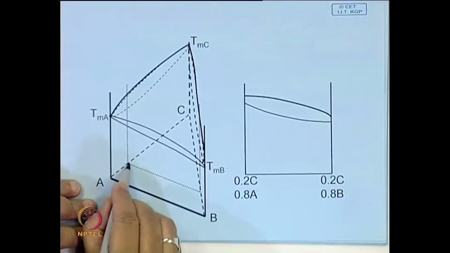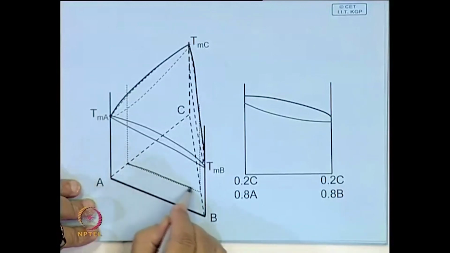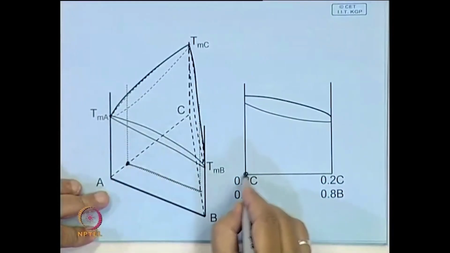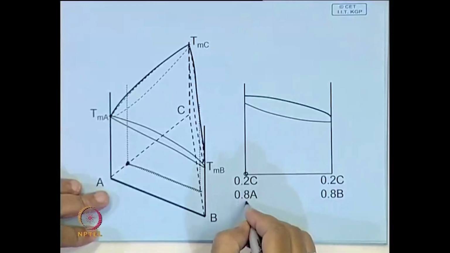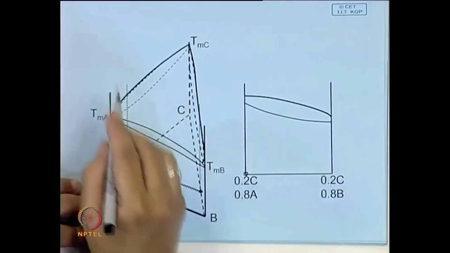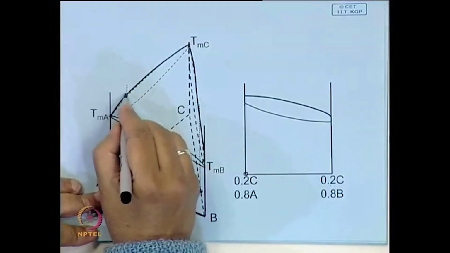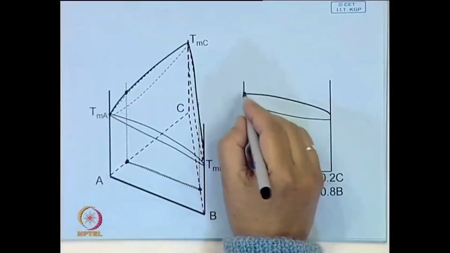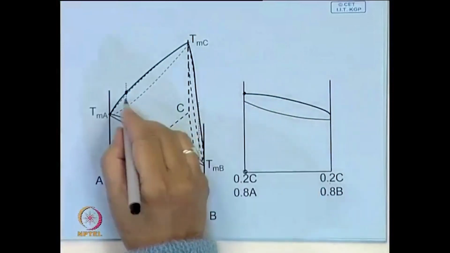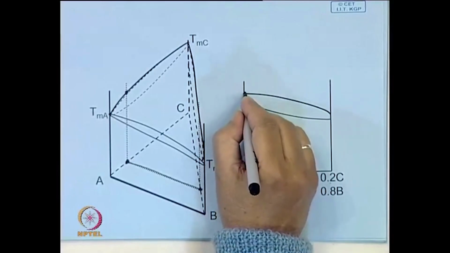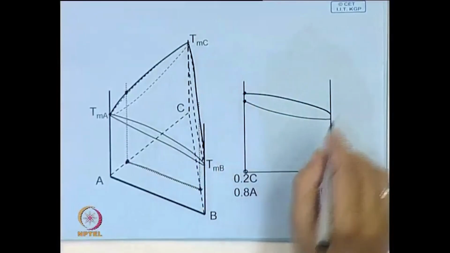In this diagram, think about a vertical plane which intersects the composition AC at this point, which is, let us say, 20% C, 80% A. Similarly, this point is 20% C, 80% B. If you construct this, you will see that at the highest temperature it intersects here, which is shown over here, and this is where solidification begins and this is where solidification is complete.